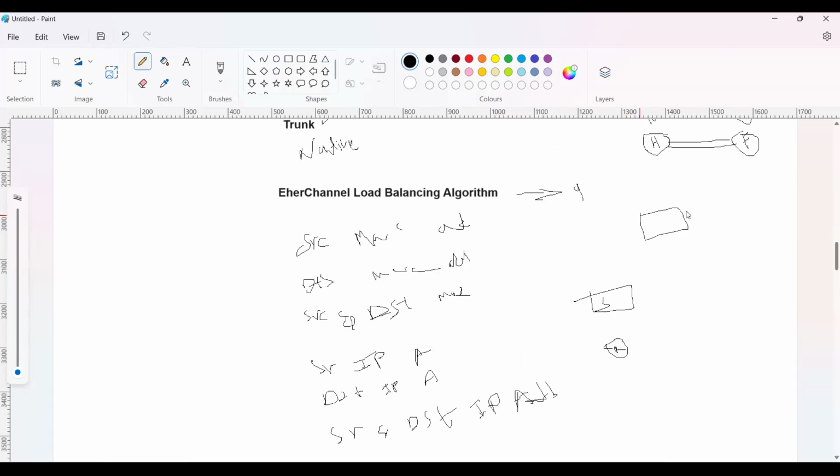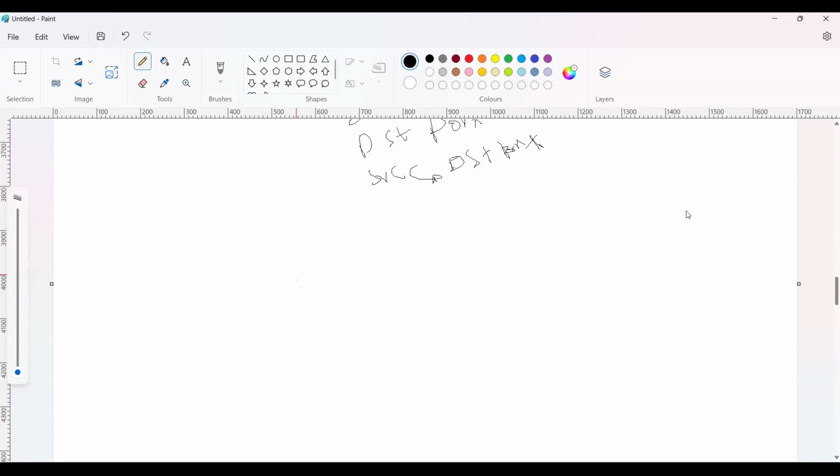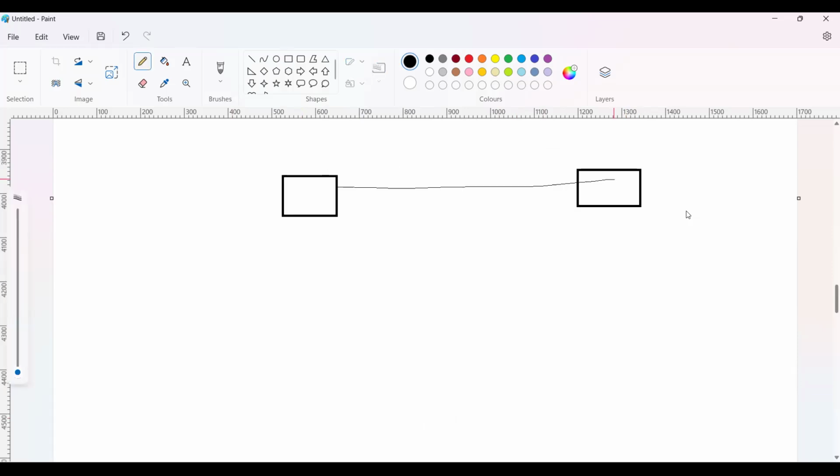For example, what is source MAC address? Here we enable EtherChannel, 8 links, and in between there are 4 links enabled as port channel 1 and port channel 1. One is nothing but the group number.